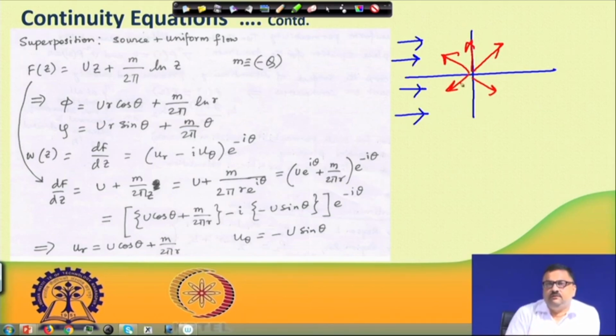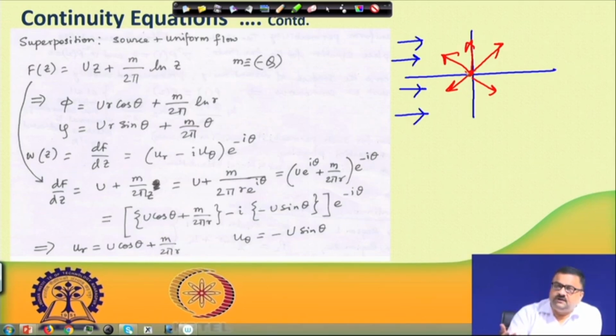So, if you have a flow in a porous medium, you have this kind of a combination, source and uniform flow. In that case, how would the streamlines and potential lines be, and what would be the velocity profiles in this case? So, a source would be, let us say, an injection well here. I am injecting, and all are per unit depth perpendicular to the screen.